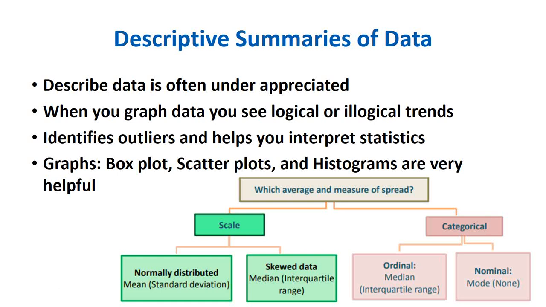And then statistics confirms that there is or is not a true difference. But often in graphing or making a table of your data, you can actually see what's going on. The statistics just helps you confirm that. So that's where scatter plots for regression and box plots for differences are really helpful.